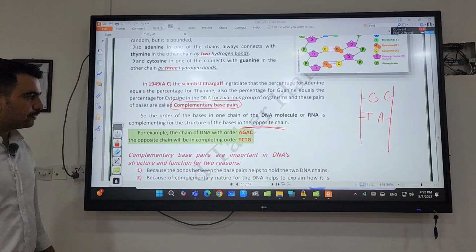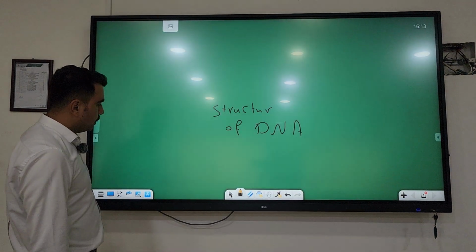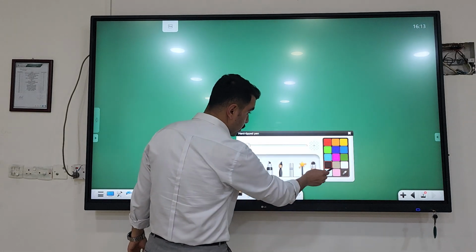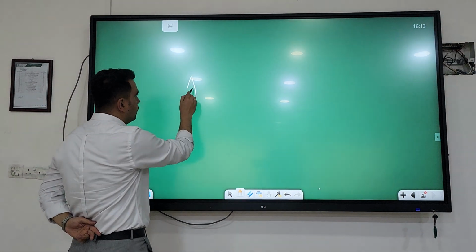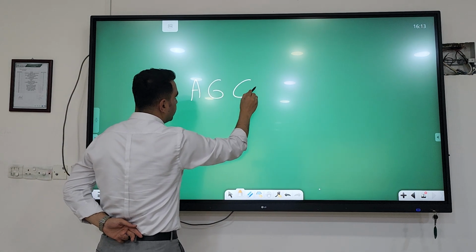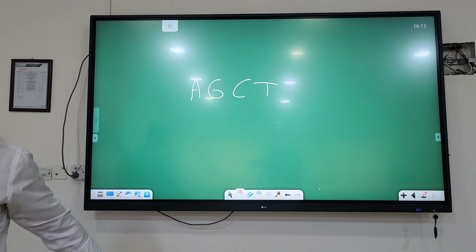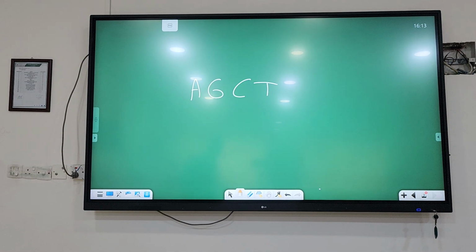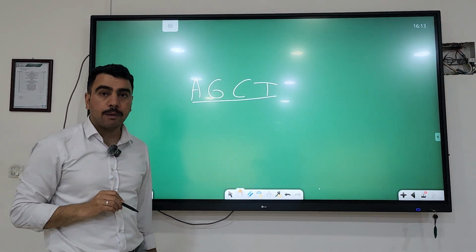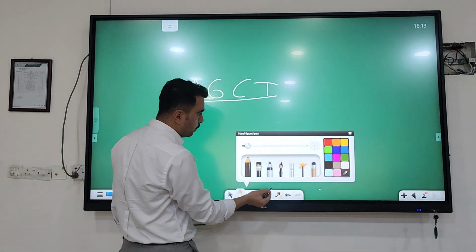And in the exam, how are they going to ask you? For example, it gives you a nitrogen base sequence in one of the chains: A, G, C, T. So when an exam gives you this gene and asks you to write down the complementary nitrogen bases for it, what are you going to do?